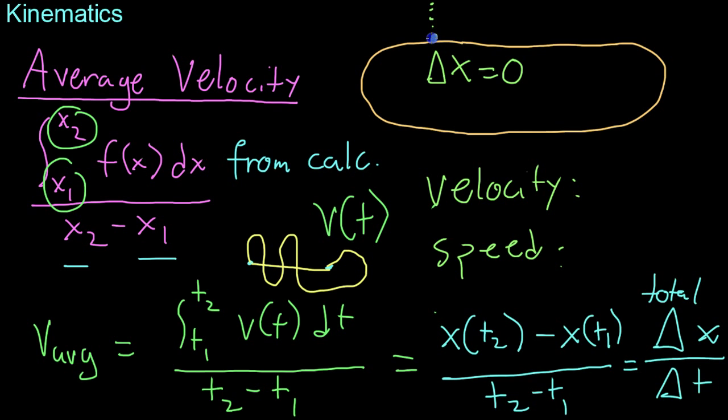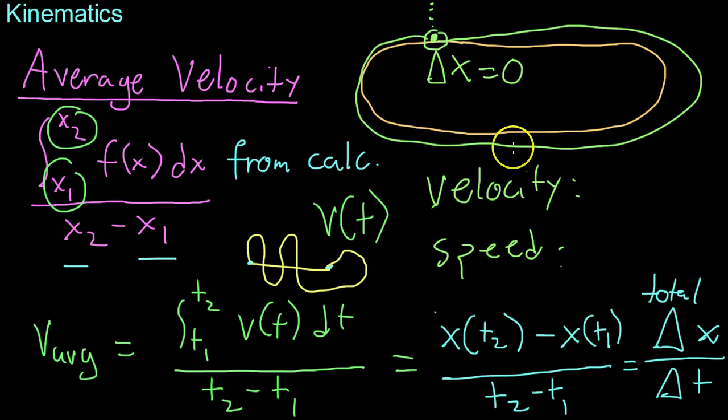They could have gone absolutely nowhere and just stayed right here, or take as many laps around as they want. So your average velocity, your delta x over delta t, will be 0 over your delta t, or 0 meters per second. In other words, you haven't traveled any total distance in a direction per unit time.